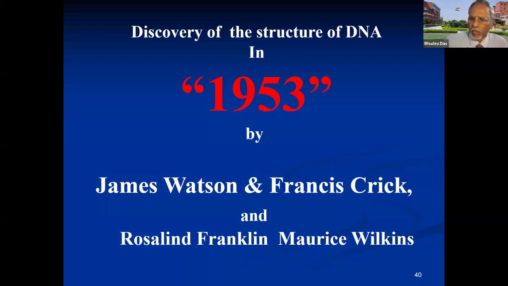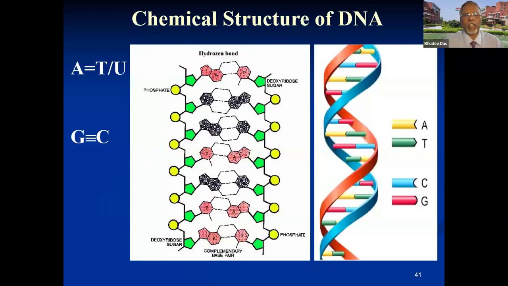But then these three people interpreted and published the paper in Nature, and they got the Nobel Prize in 1962, and Rosalind died in 1958, so she could not get any Nobel Prize. So that's the story many people do not know.